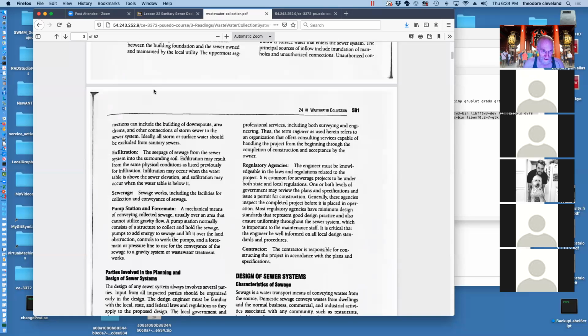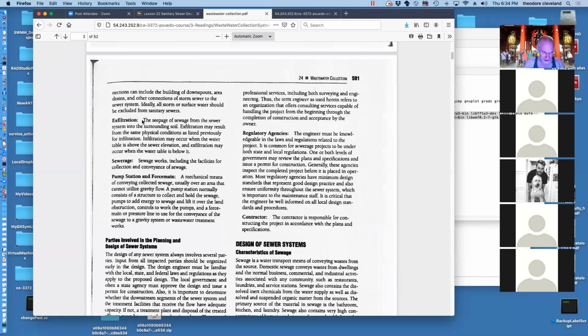It also has some other definitions. Exfiltration is sewage getting out of the sewer. Sewerage, the term in general, refers to all the wastewater infrastructure. A pump station and force main refers to the components of a system where we have to add energy to keep it moving down its merry way.